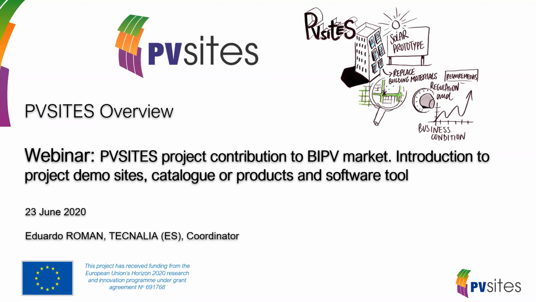Europe sees BIPV as an opportunity to recover the PV industry in Europe, so it means local content, it means European jobs, and also it is a way of achieving near zero energy buildings, which will be mandatory in a few years, and a way of achieving the full decarbonization of society by 2050, which is included now in the Green Deal.